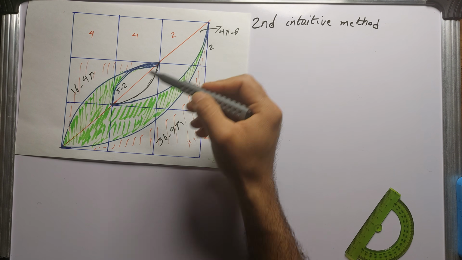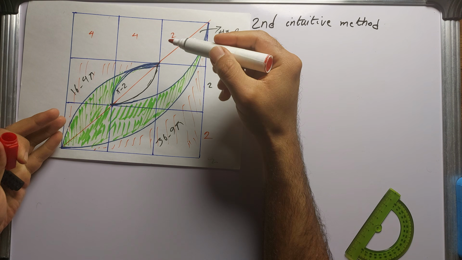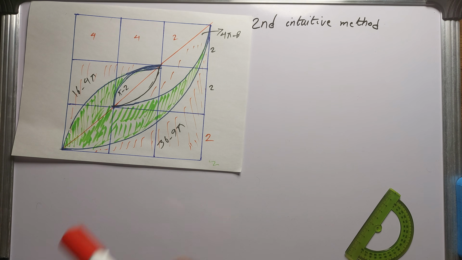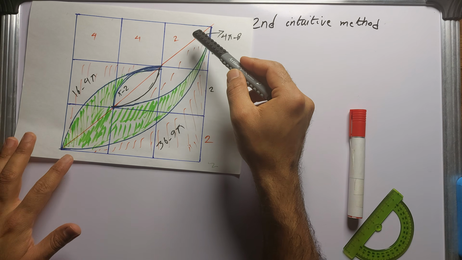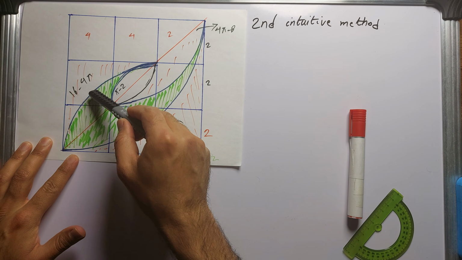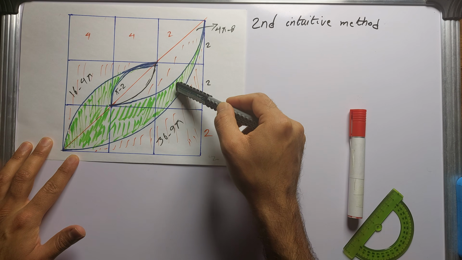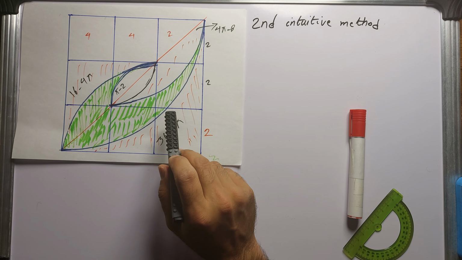So this here, which I'm going to shade again in red, is exactly the same thing as here. So this green area equals a new green area here, which is this green area plus this area. So this is our transformed shape.